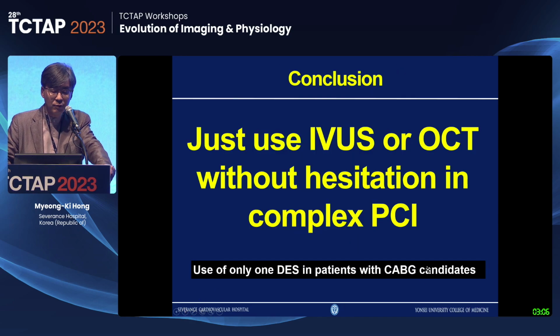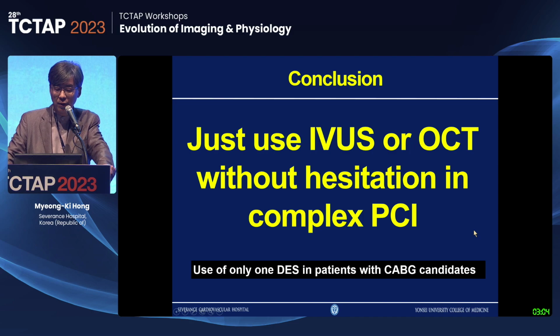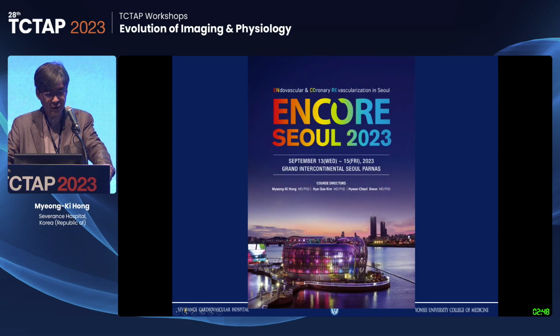Therefore, I'd like to conclude that we should just use the imaging, whether it is IVUS or OCT, without hesitation in complex disease. I think we fixed this patient with only a single stent, even in the bypass candidate. Thank you for your attention.